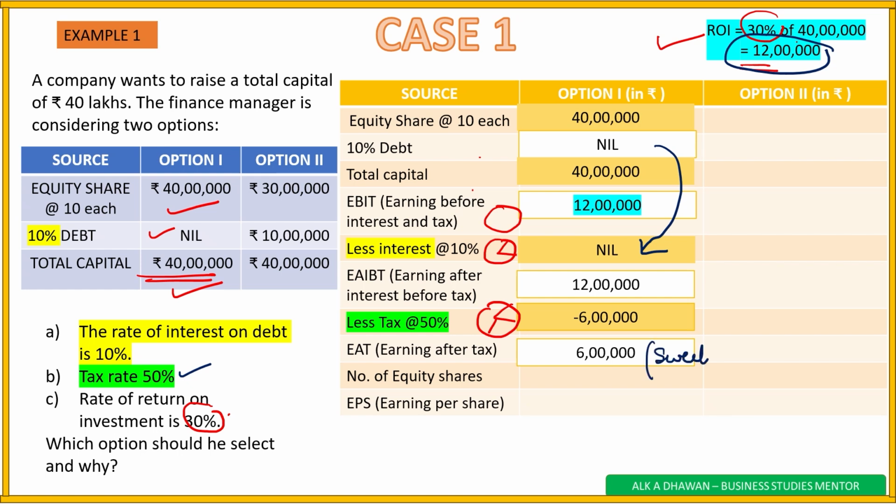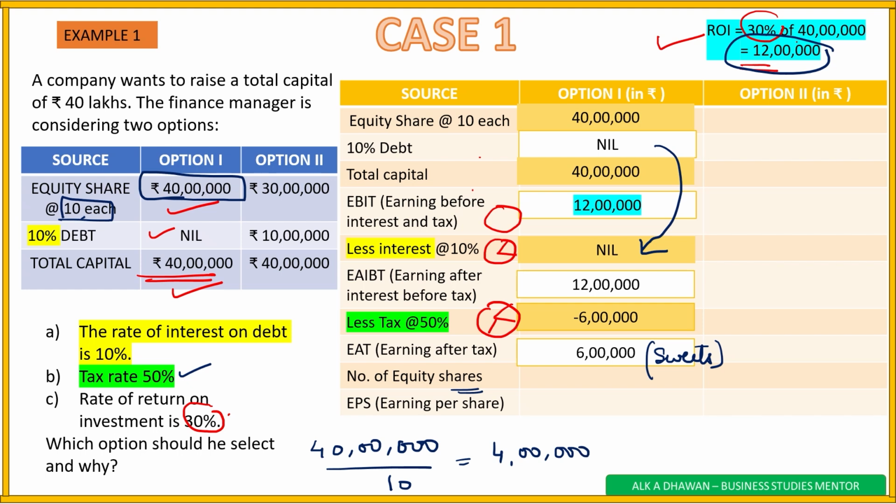Now this 6 lakh rupees is our earnings, and what is the number of equity shares? This is what we need to see. The company has a total capital of 40 lakhs and the value of one share is rupees 10. So that means the company has issued 40 lakh divided by 10, which is equal to 4 lakh equity shares.